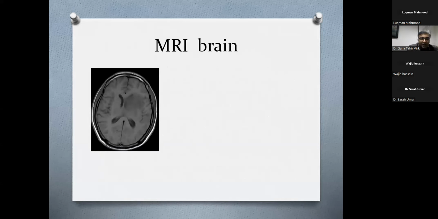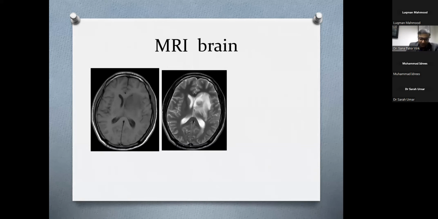All right. What is this sequence? This is T1. Why? Because the CSF in the ventricles is low, plus the gray matter in the periphery appears gray and the white matter centrally appears white. And which one is this sequence?